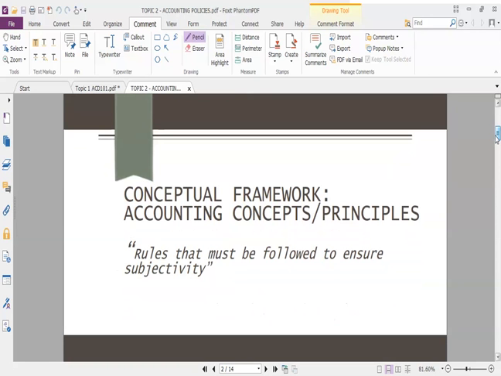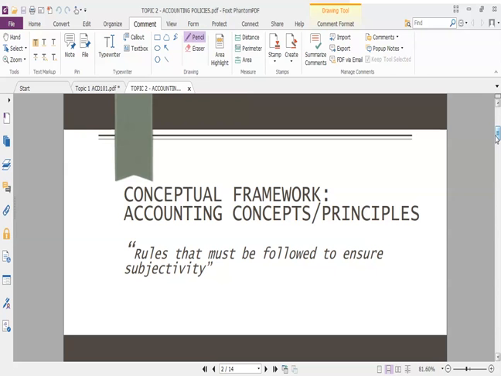The conceptual framework, or accounting concept and principle, is the rules. You need to understand the rules in accounting. You cannot have the same thought in accounting as in other fields, for example science. It is a different line of knowledge.